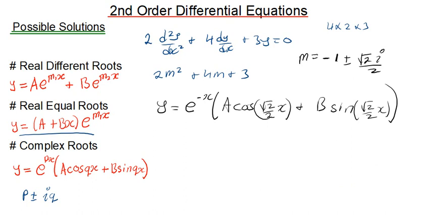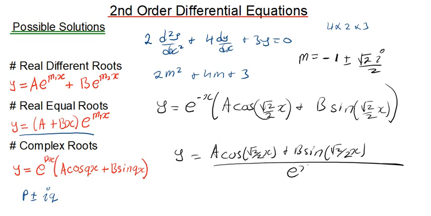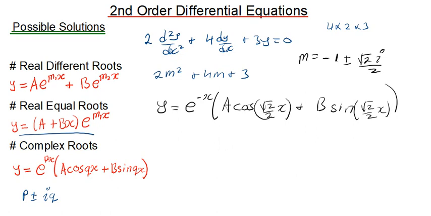You can decide to put this e to the minus x on the denominator. You're going to have y is equal to a cos root 2 over 2 x plus b sine root 2 over 2 x there, divided by e to the x, and that happens to be the solution of that differential equation.